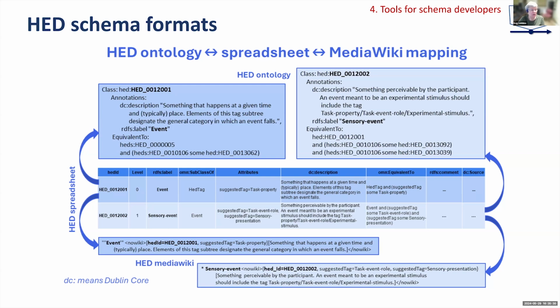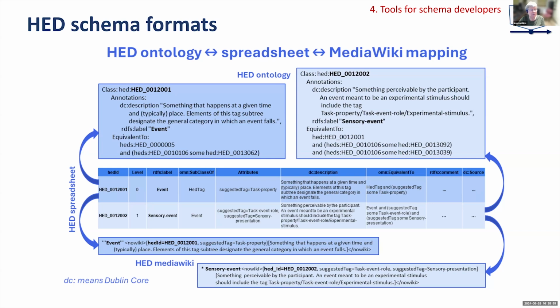And the format is mainly you give the name of the tag, so either event or sensory event, and you should have a description, and the description appears in square brackets. So the description of event is something that happens at a given time and place, and blah, blah, blah.